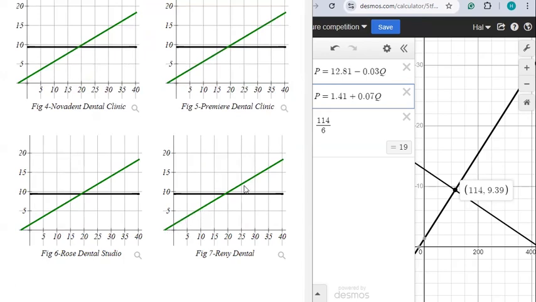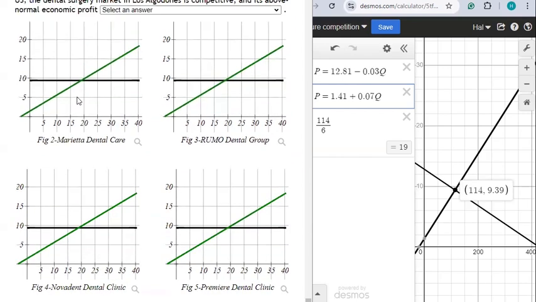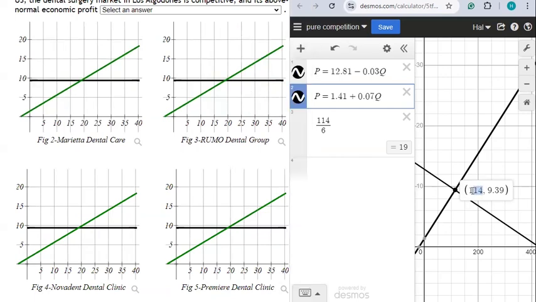This green marginal cost curve crosses the demand that the individual dental clinic is faced with at a quantity of 19. And in my model, 19 plus 19 plus 19 plus 19 plus 19 plus 19 adds up to 114.